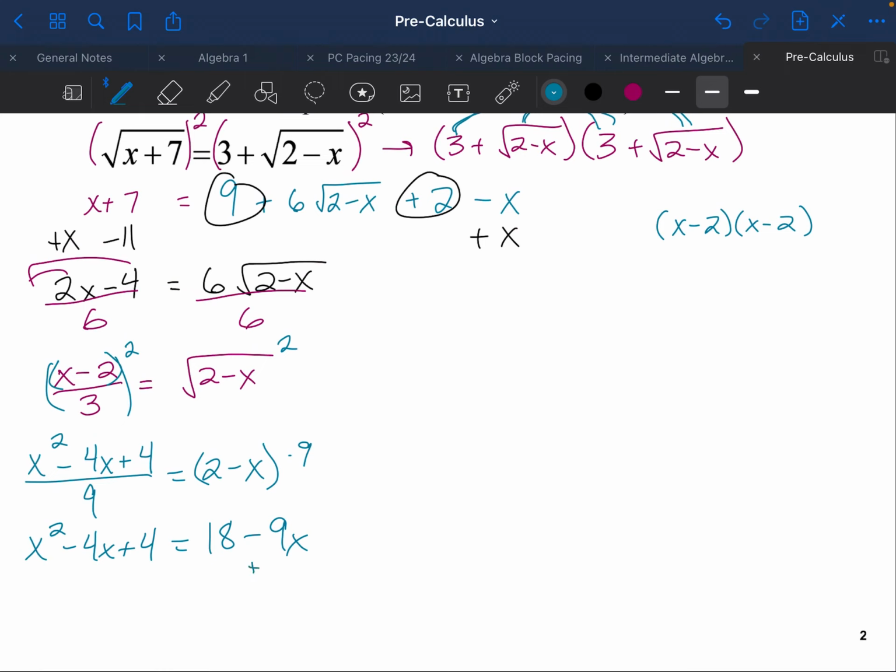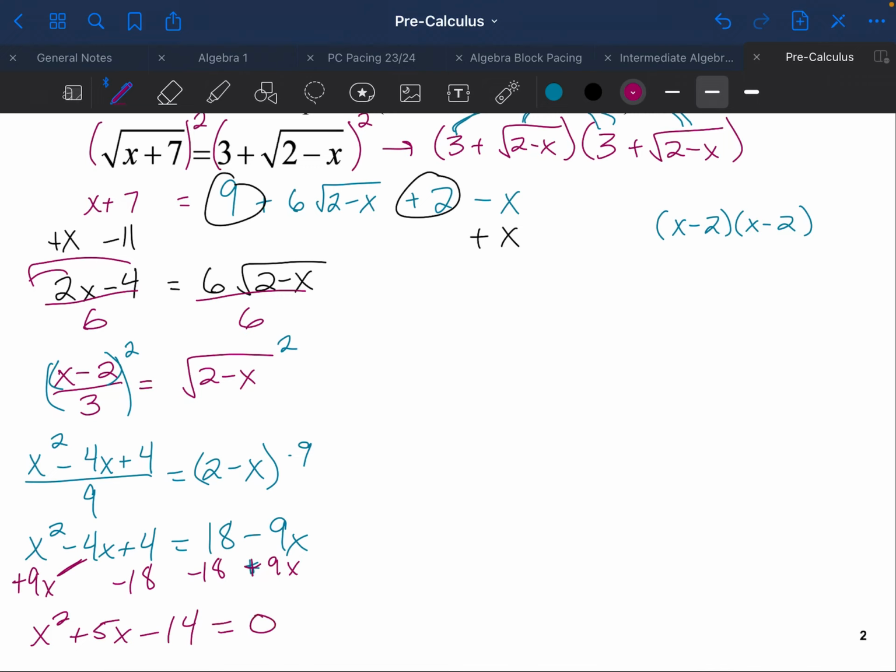I'm going to add 9x and subtract 18, and we're left with x squared, negative 4 plus 9 is plus 5x, and then negative 4 minus 18 is negative 14, equals 0.